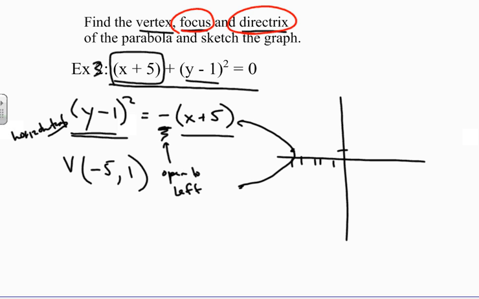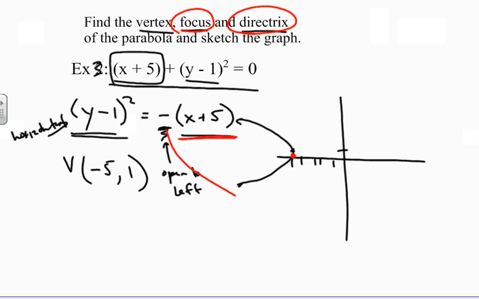The focus is going to be p units away from the vertex. P units away from the vertex. And my orientation is a little off, so I apologize for this. But what we're going to do is find the p units. The p value is actually the coefficient next to the non-squared expression.